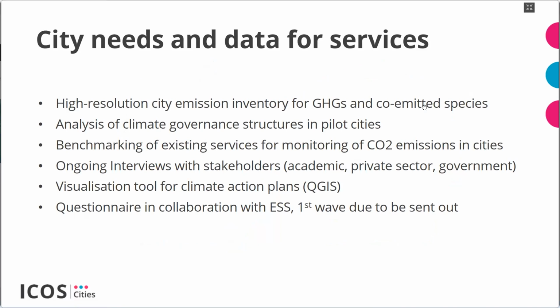And this is the part from ICOS Cities where, as I said, we have a strong focus on monitoring and measurements. But one part, which Glen already mentioned as well, high resolution emission inventory, is paramount for everybody.